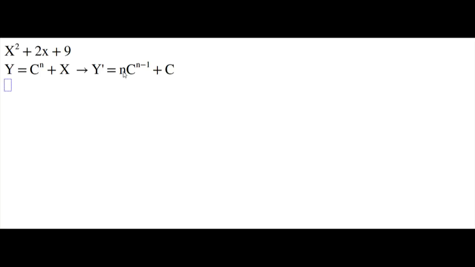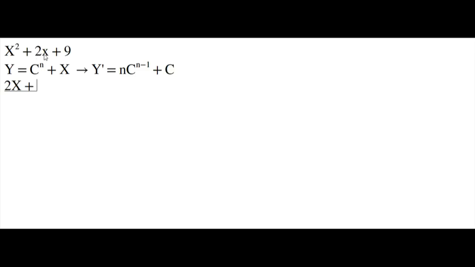So 2 times x, you end up with 2x. And n minus 1, 2 minus 1 is 1, so x stays the same. Now you go along with 2x.